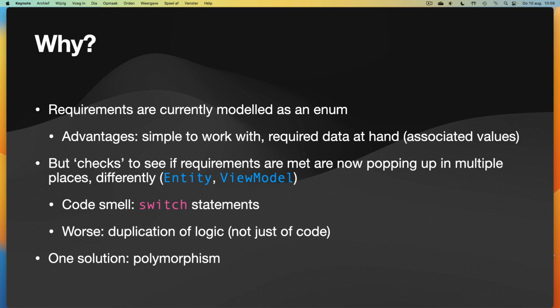But we see checks to see if requirements are met popping up at different locations now. So they are in entity and in view model. We see switch statements popping up here and there to look at various types of requirements, and even worse, we see some duplication of logic, not just code.